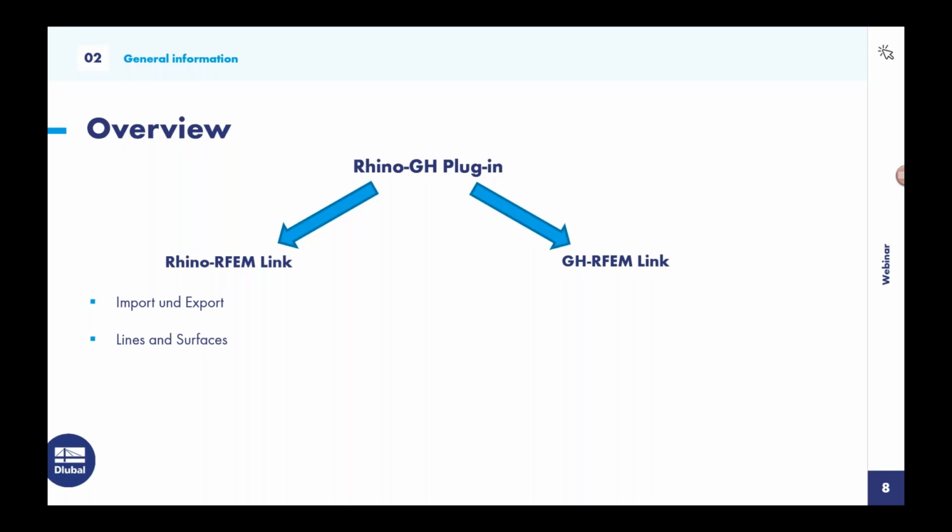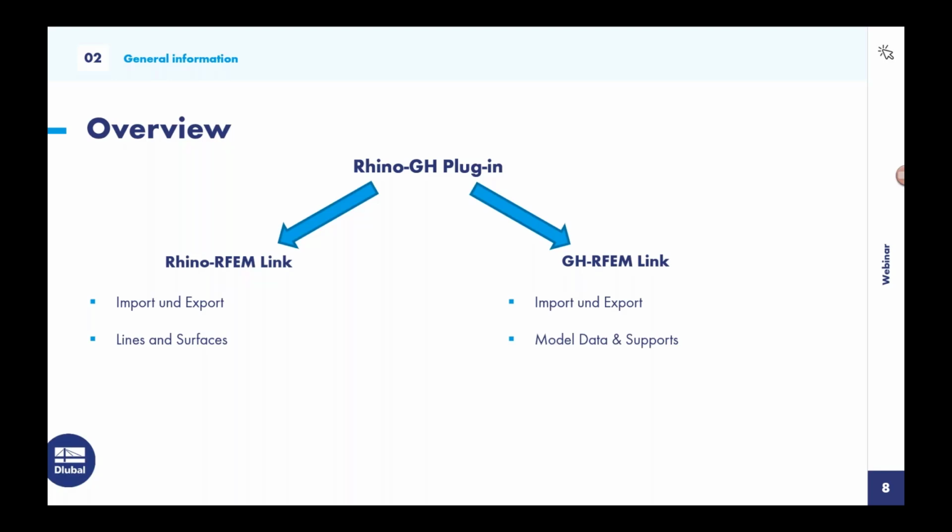In this webinar, we will show you the Grasshopper RFEM link. We have the import and export option as well, with the focus on the export to RFEM components. The import works in such a way that we are able to read the information defined in RFEM and use it further in Grasshopper.